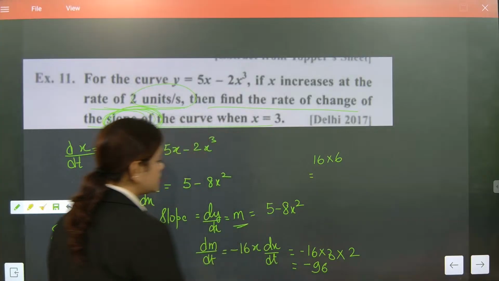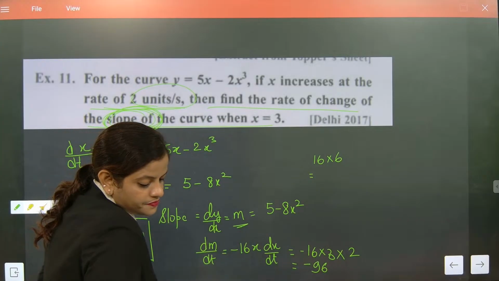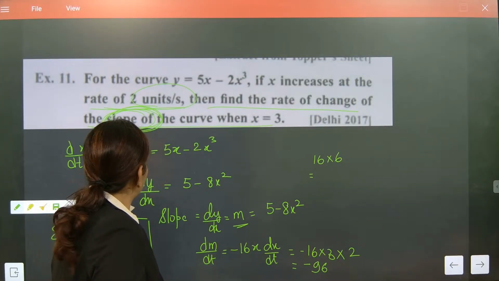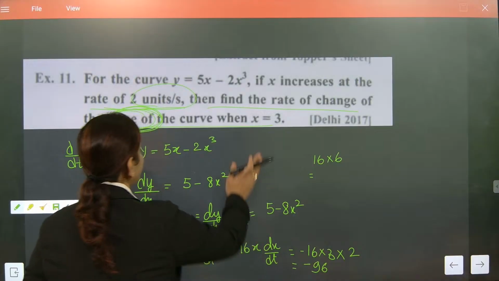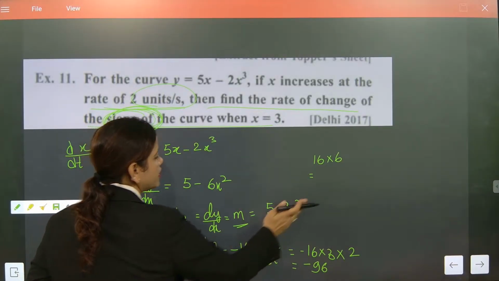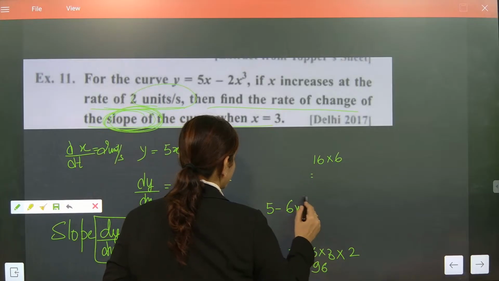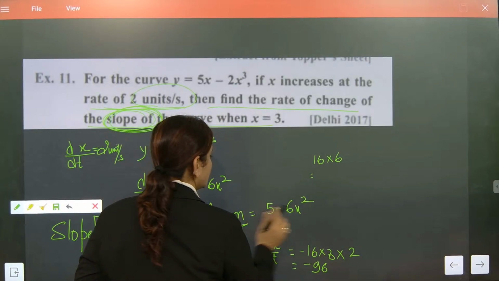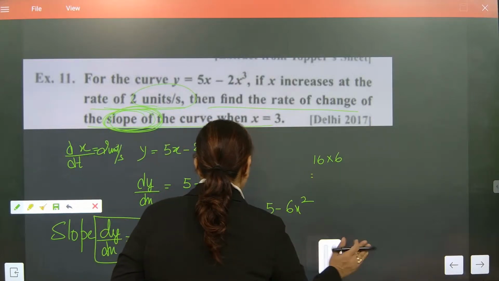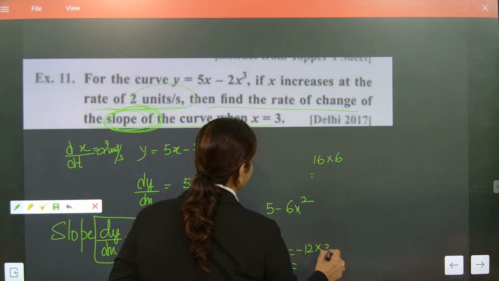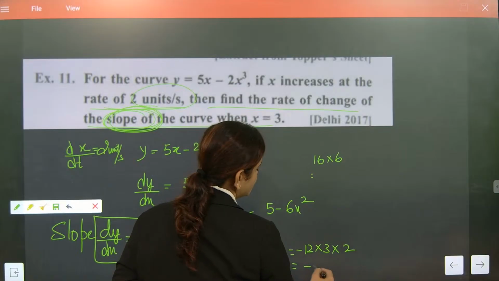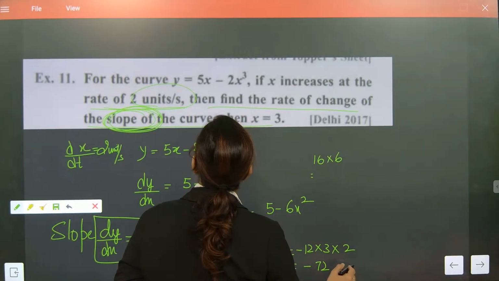Oh, here I made a mistake. 2 3s are 6x square, so check, it will become minus 12x dx by dt. So minus 12 into x value, into 3 into 2. So it is coming minus 12 into 6, 12 6s are 72.